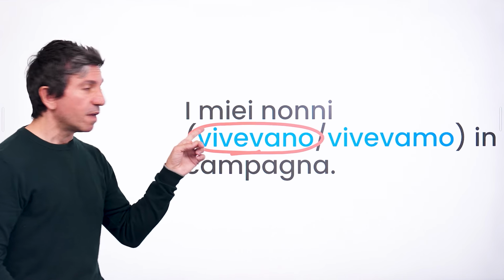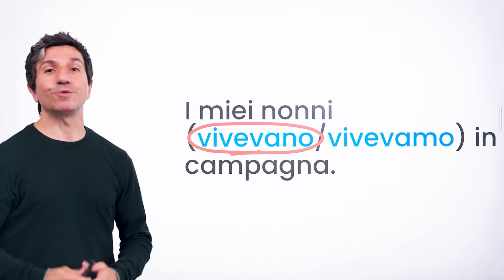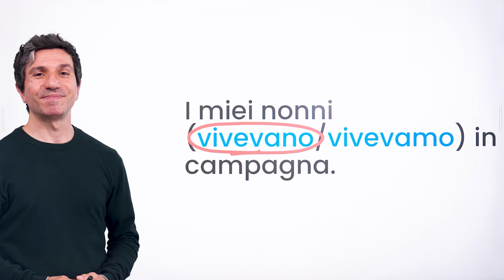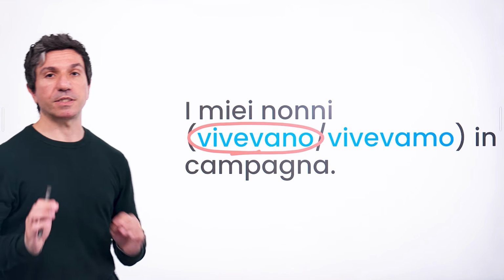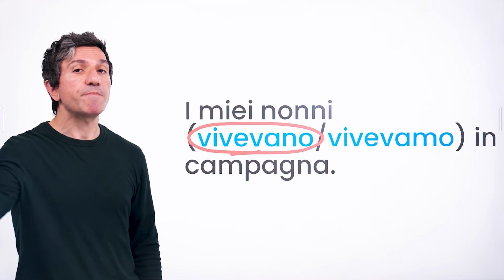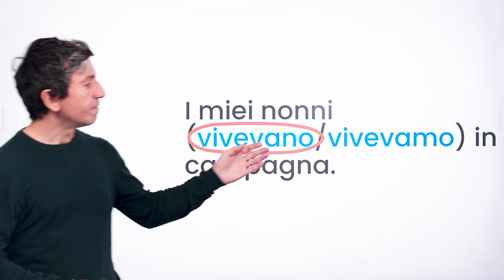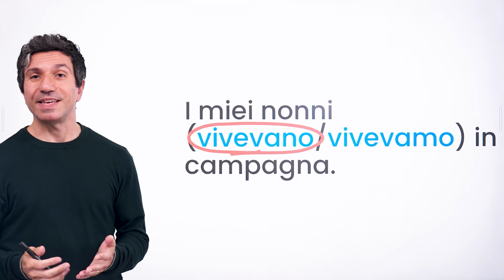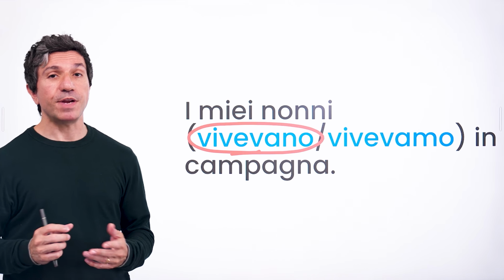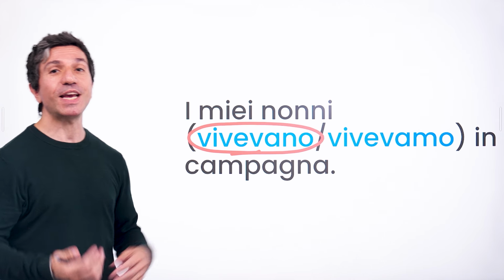I miei nonni vivevano in campagna. My grandparents used to live in the countryside. Vivevano is correct because the subject I miei nonni, my grandparents, is third person plural. The vano ending in the imperfect tense agrees with they, showing a repeated or habitual action in the past.